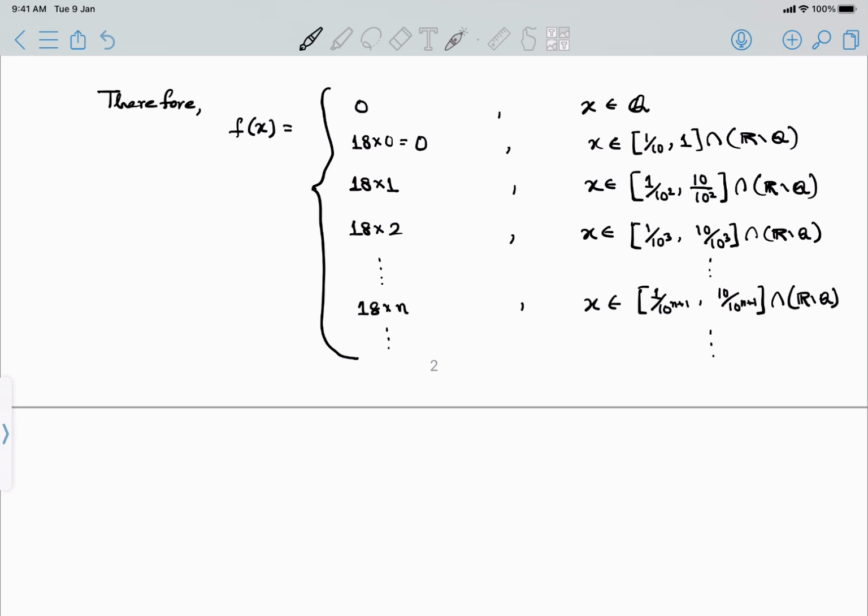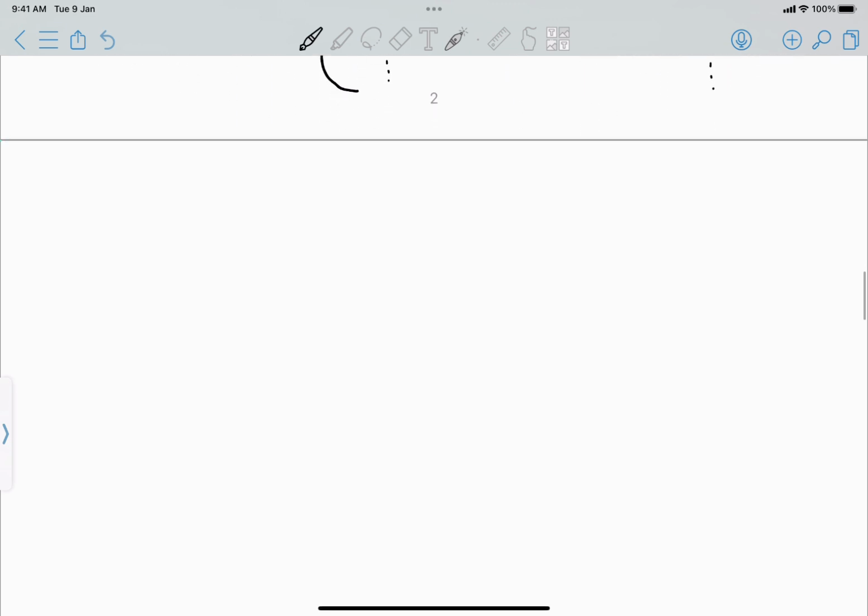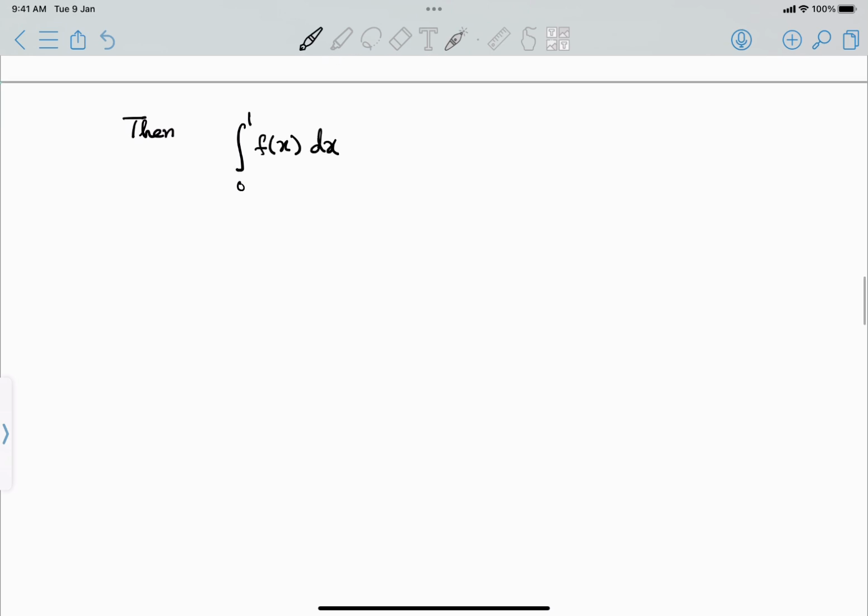Now we can integrate it. So how will the integration be? The integration from 0 to 1 of f(x) dx: first we divide it into two parts, the integral over 0 1 intersection Q of f(x) dx plus the integral over 0 1 intersection R minus Q of f(x) dx.